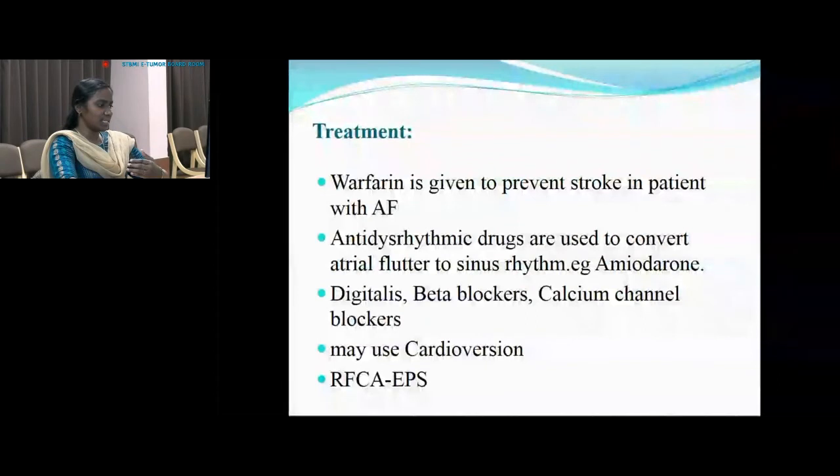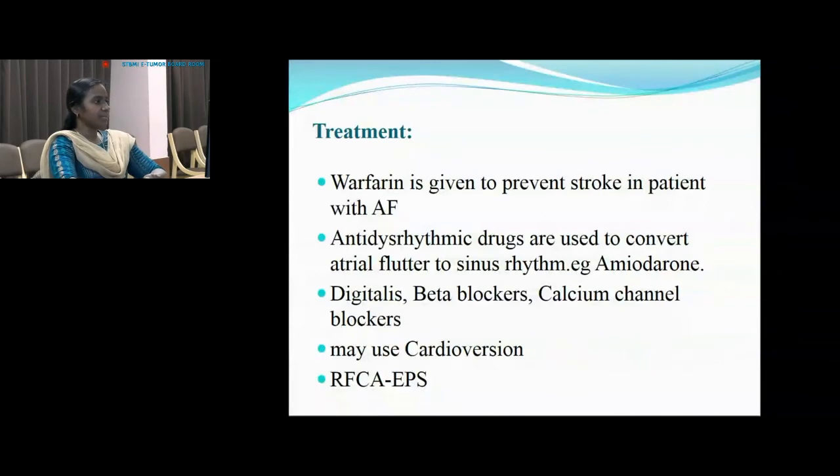Radiofrequency catheter ablation can also be done, that is, an electrophysiological study can be done to ablate, or burn, or remove the excessively firing cells from the heart.